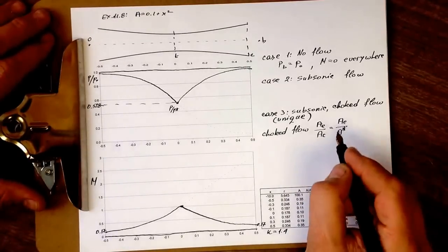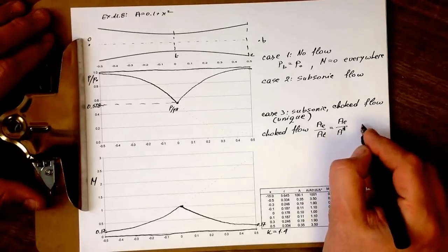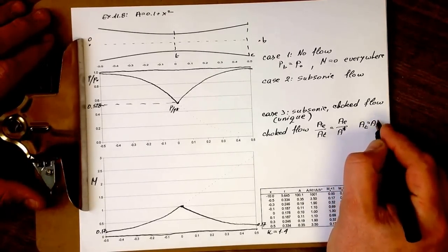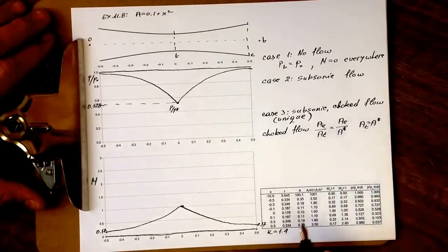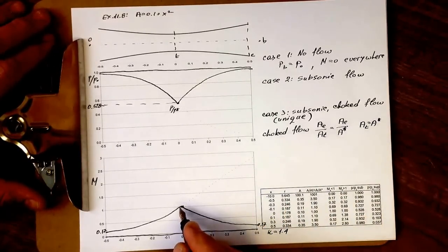In other words, we will label the throat area to be the critical area only if the Mach number here reaches 1.